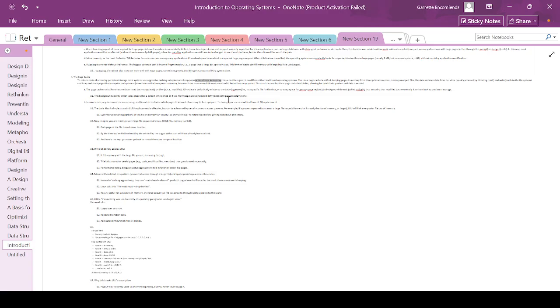Linux in this regard is no different from a traditional operating system. The Linux page cache is unified, keeping pages in memory from 3 primary sources: memory mapped files, file data and metadata from devices usually accessed by directing read and write calls to the file system. So this file data and metadata from devices are usually accessed by using read and write calls. So these are the sources it uses to cache the frequently used pages.